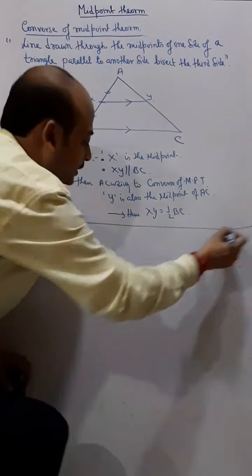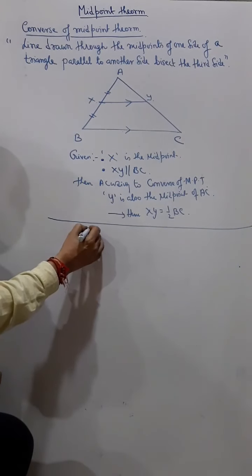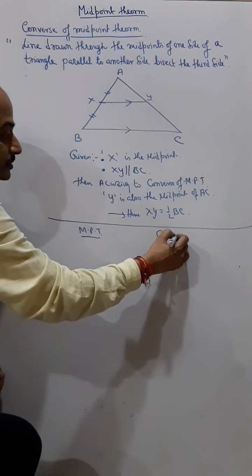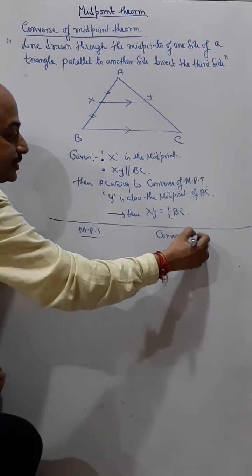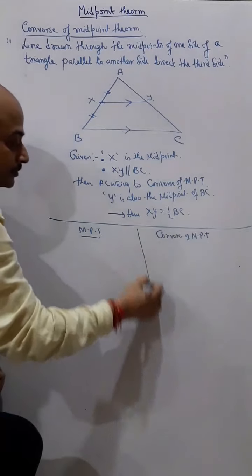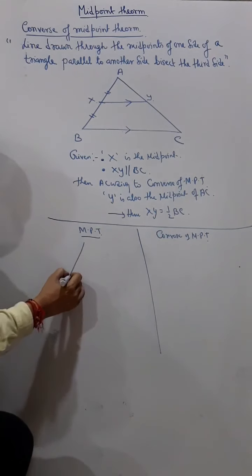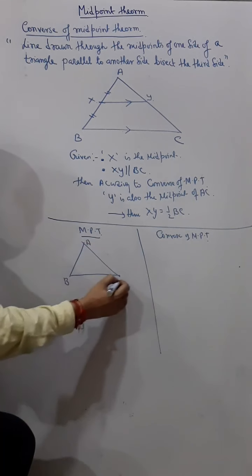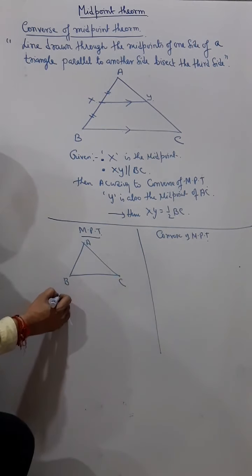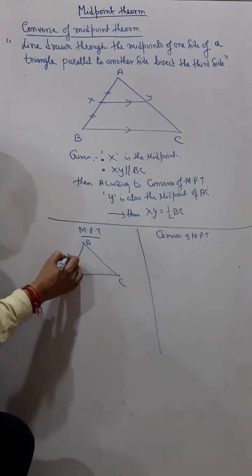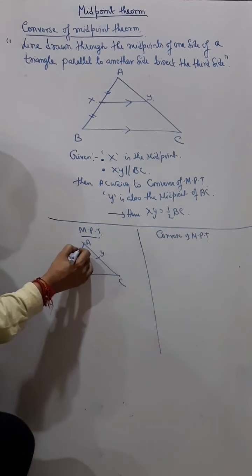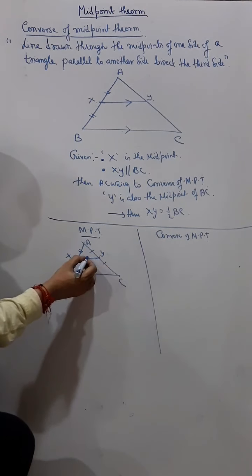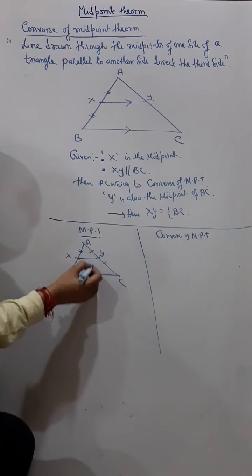So if you see the difference, this is the midpoint theorem and this is the converse of the midpoint theorem. Now in the midpoint theorem, what does it state? Here it is given X is the midpoint and Y is also the midpoint. Then XY will be parallel to BC and XY will be half of BC.